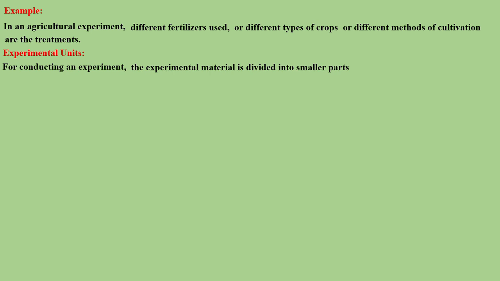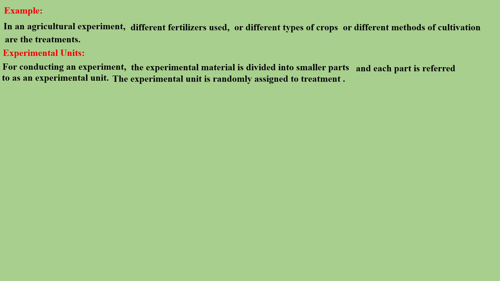So we can divide the field into many parts with different soils. That is called experimental units. Each part is an experimental unit. The experimental unit is randomly assigned to a treatment, so a plot of land is the experimental unit.